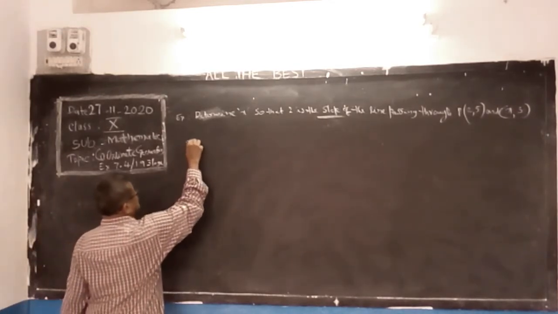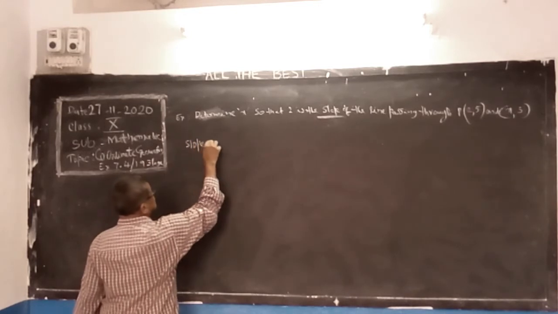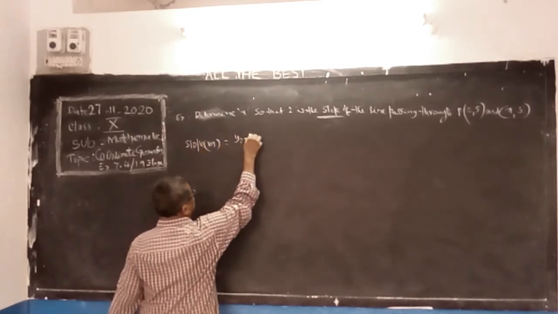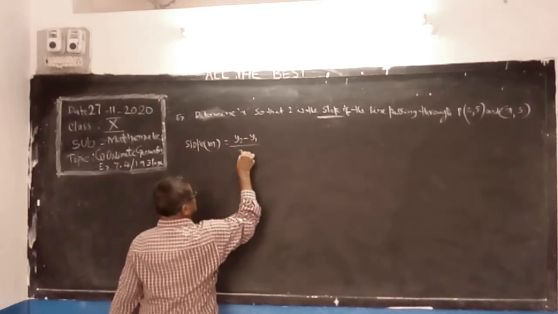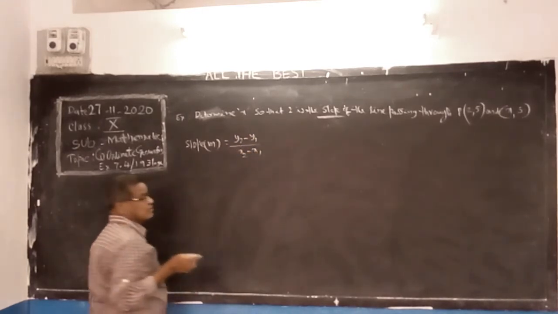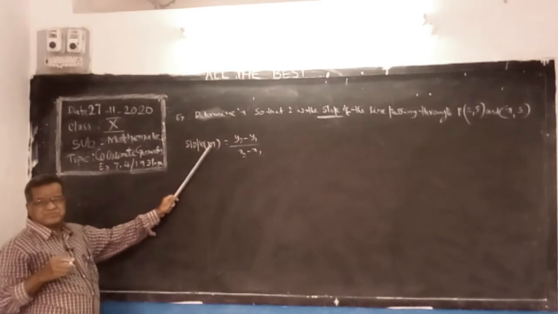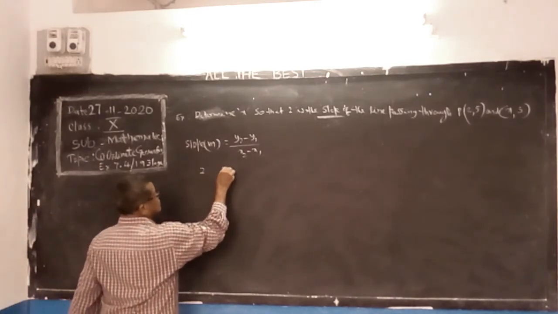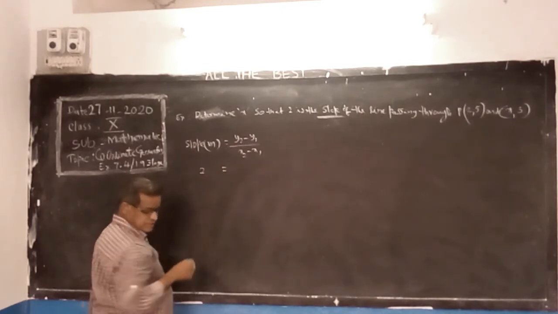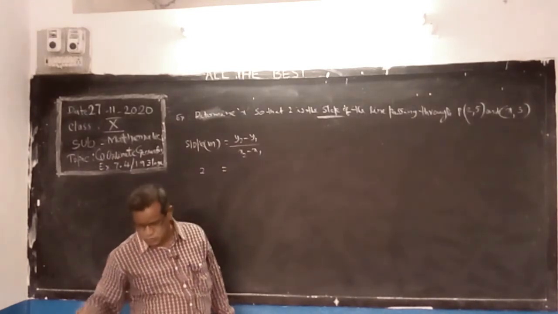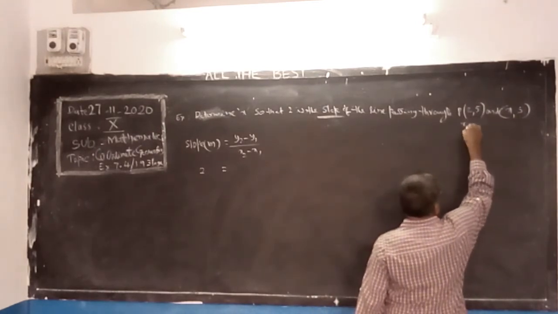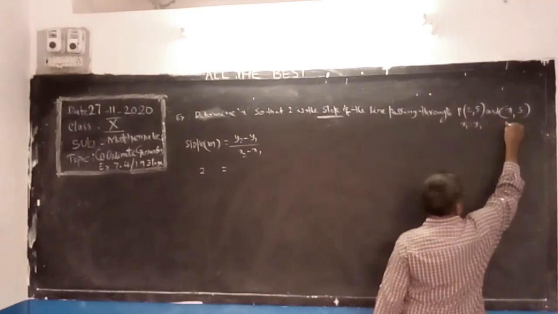Slope m is equal to y2 minus y1 by x2 minus x1. Now the slope is given, 2. To avoid confusion, this is x1, y1, this is x2, y2.